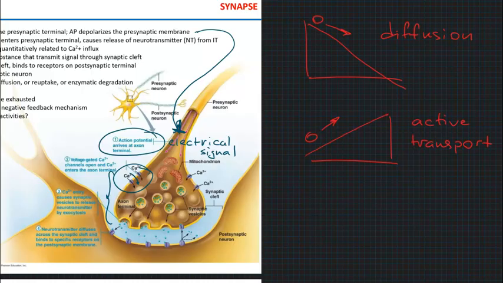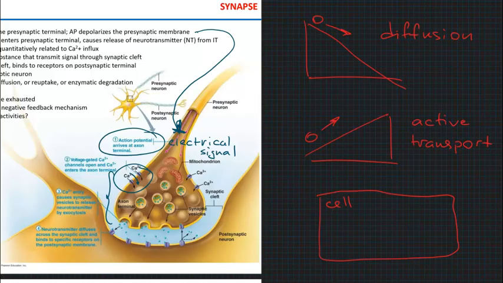Now, this is really important. This is the cell. Inside of the cell, cytoplasm, a lot of water, a lot of ions. Outside of the cell is extracellular fluid, a lot of water, a lot of ions. You must know the relative concentrations of 4 ions. By relative concentrations, I don't mean numbers.